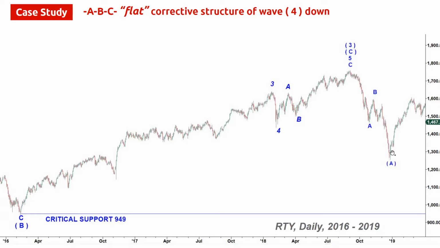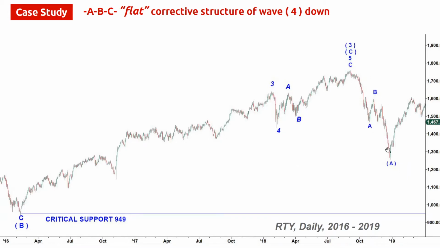And this is the most tricky part when you deal with corrective structures in real life. So you do not see what's gonna happen next. You get ABC down and then you basically don't know.